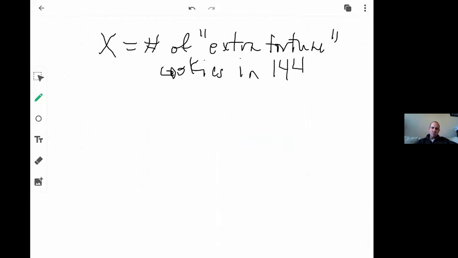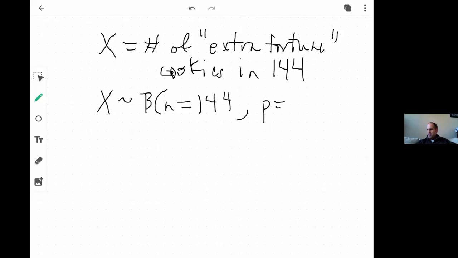There were 144 total trials. We observed that this has got to be binomial, where the number of trials is 144 and the proportion of success, the probability that we actually have an extra fortune, was 3%.